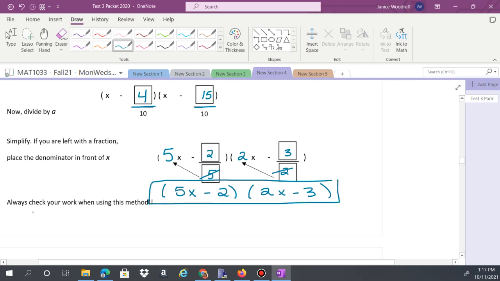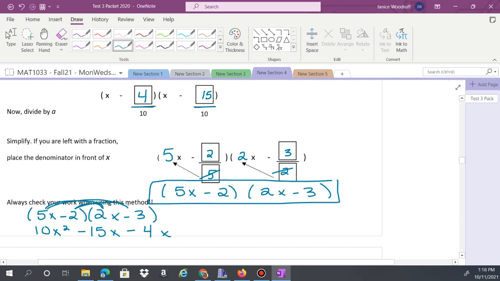I do always like to check when I'm using the mistake method. So 5x times 2x will give me a 10x squared. 5x times negative 3, negative 15x. Negative 2 times 2x, negative 4x.